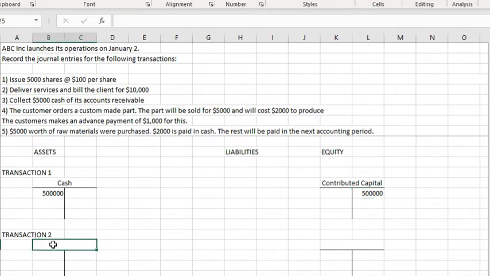The next transaction, the second transaction, is where the company is delivering the services and billing the client for $10,000. What that means is by the time the company delivers the services or products, they are going to recognize that revenue. So retained earnings is going to increase by that amount.